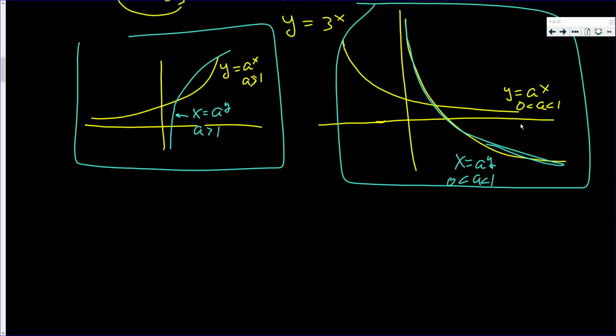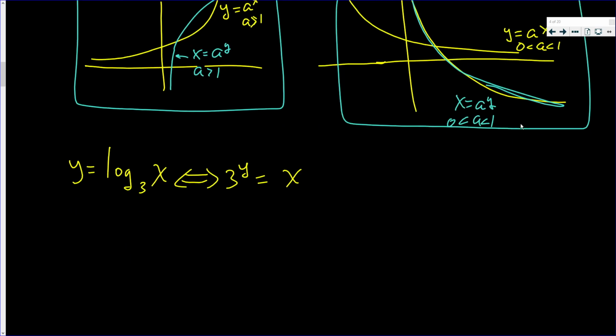So if you were literally asked to graph y equals log base 3 of x, I would just say this is 3 to the y equals x. And same game as always. What makes that power 0? y equals 0. 3 to the 0 is 1, which equals x. What makes the power 1? y being 1. 3 to the 1 is 3.